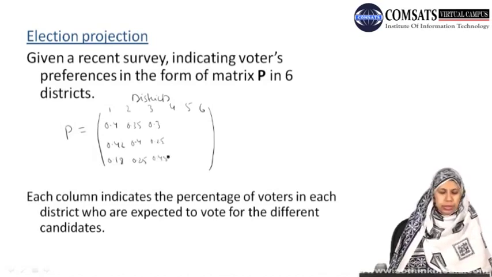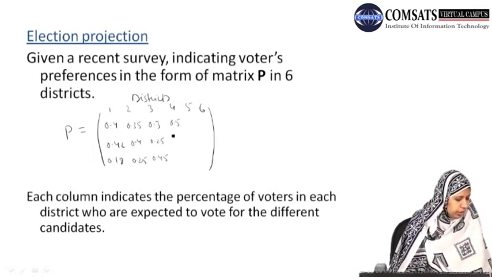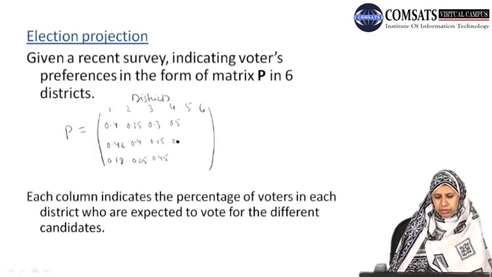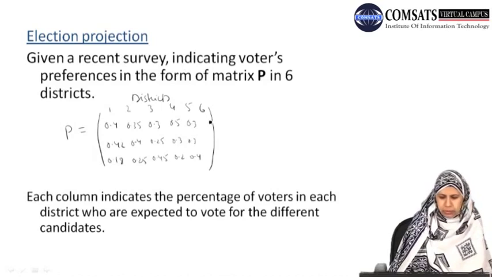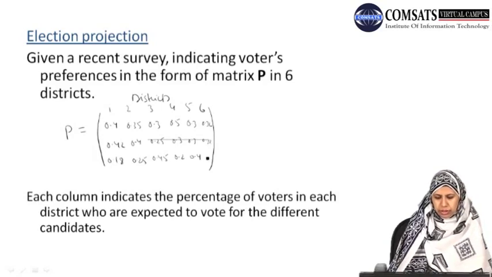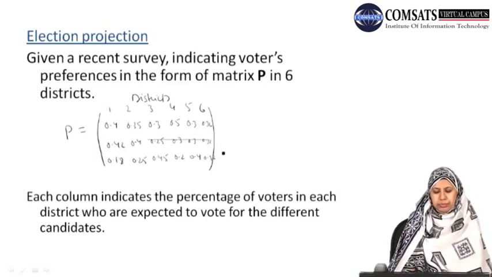The column 3 has entries 0.3, 0.25, 0.45. The column 4 has entries 0.5, 0.3, 0.2. The next column has entries 0.3, 0.3 and 0.4. And the last column has entries 0.36, 0.32 and 0.32.